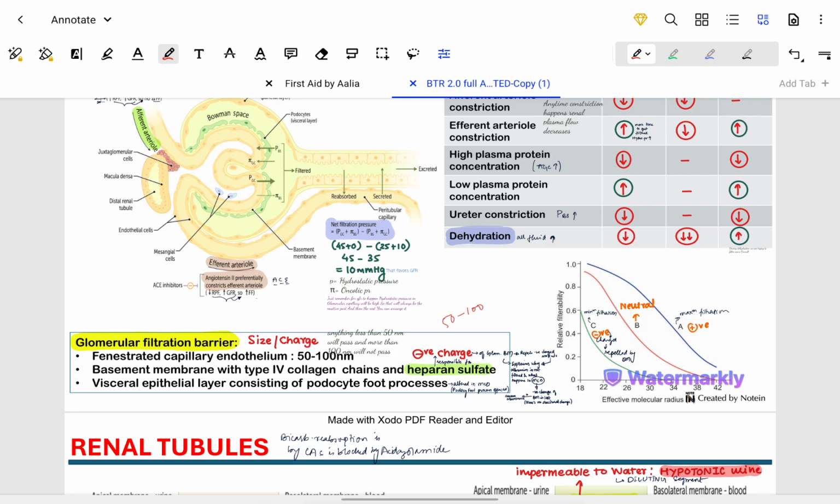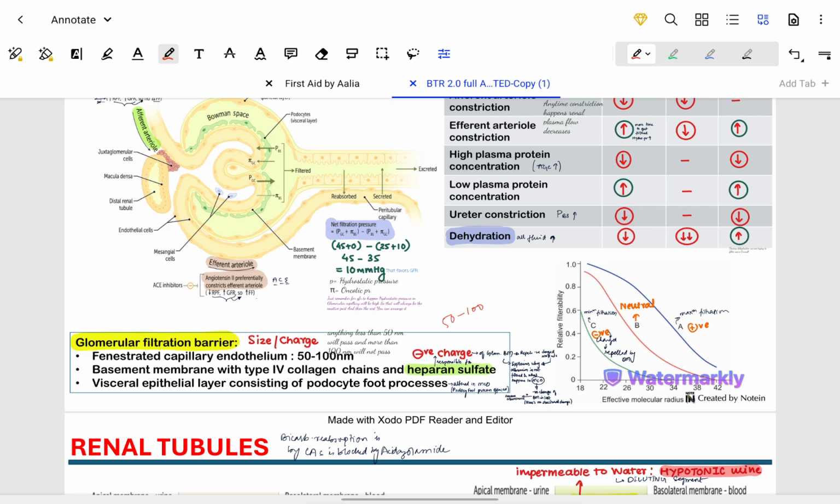Now, the basement membrane has type 4 collagen chains. We studied this in biochemistry. It also has heparan sulfate, which is responsible for the negative charge of the basement membrane.